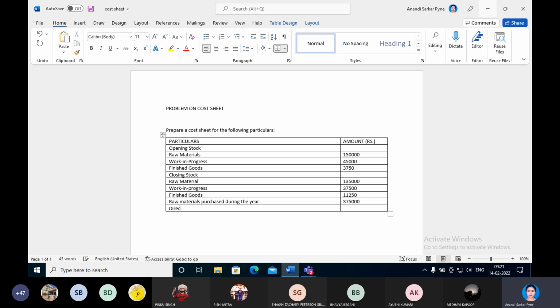Direct wages 1,12,500. Manufacturing overhead 75,000. Administration overhead 12,000.